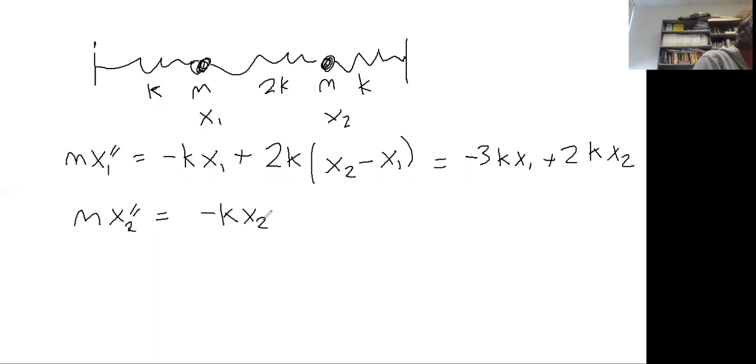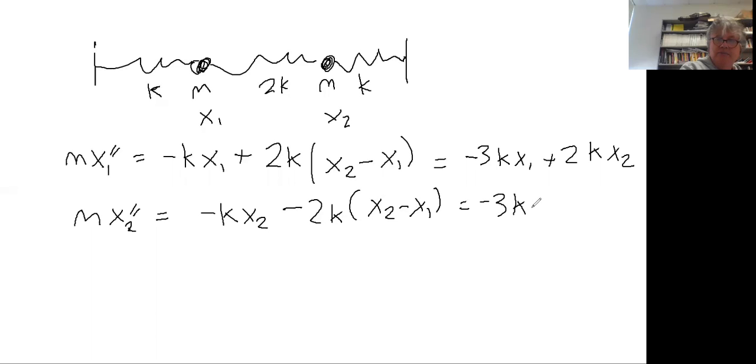And again, there's going to be a force acting on that mass from the middle spring, and that's going to be minus 2k (x2 minus x1), since the force is going in the other direction, and that should be minus 3k x2 plus 2k x1. Could probably have figured that out by symmetry.